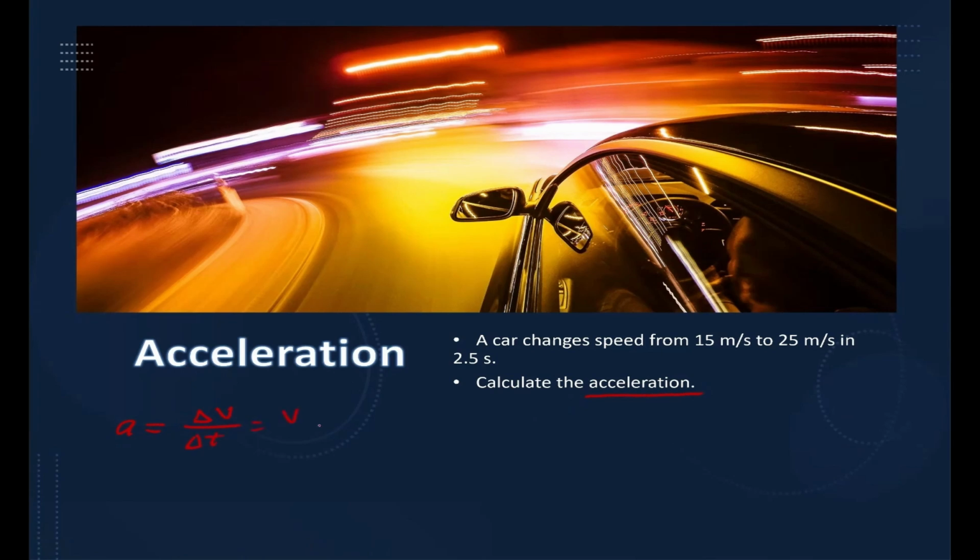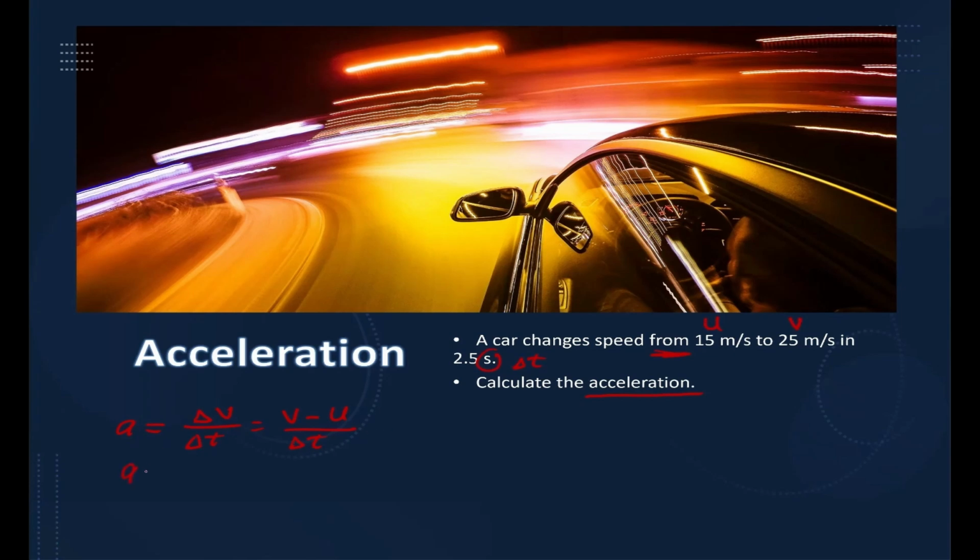It equals the final velocity minus the initial velocity over delta t. What are the givens here? They said the speed changes from, this is the initial speed, to this, the final speed, in 2.5 seconds, this is the time interval. Now we can get the acceleration.